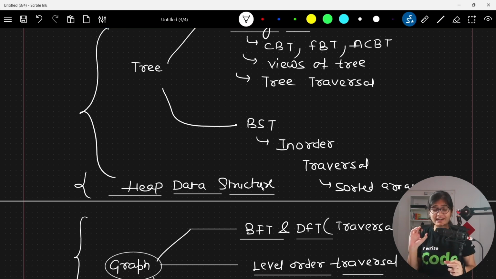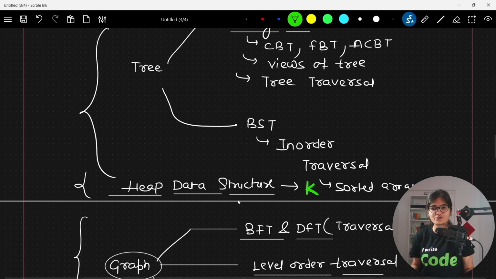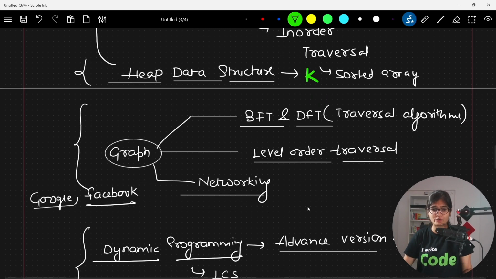There I have clearly explained the heap data structure. Whenever you see a question like finding k frequent elements or finding k closest elements from the origin, these can be done in an optimized manner using a heap-based data structure, right? How it works internally, I have explained everything in depth. This is again a really important topic for interviews.